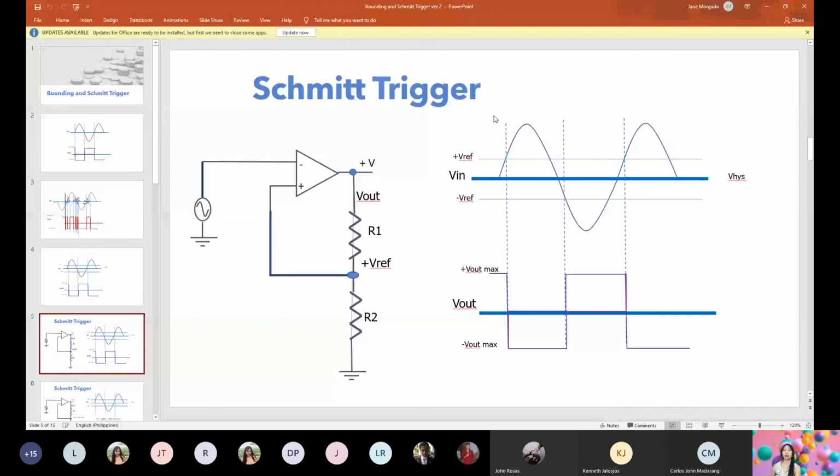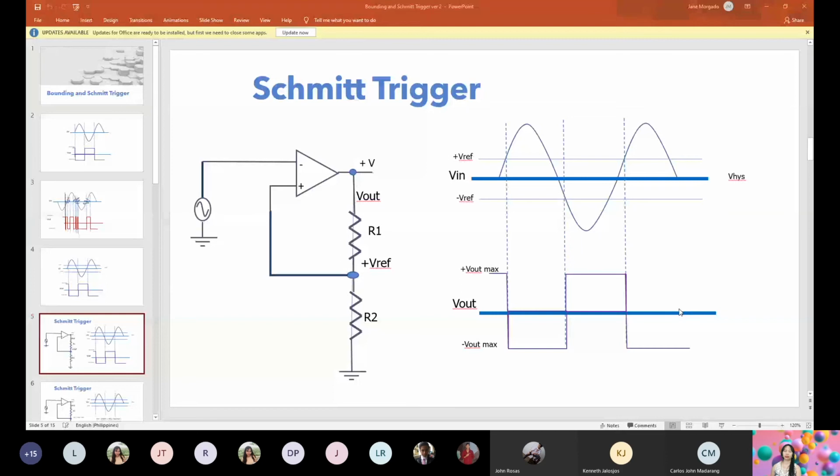What can you say about the Schmitt trigger? How does it differ from the inverting and non-inverting circuits, the circuits that we discussed in our early lectures this sem?